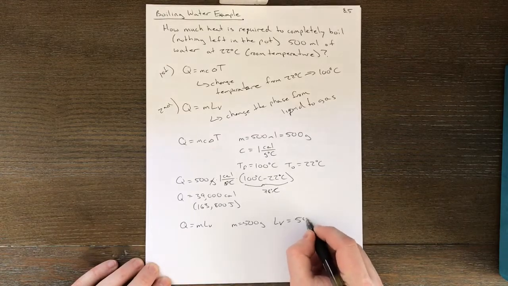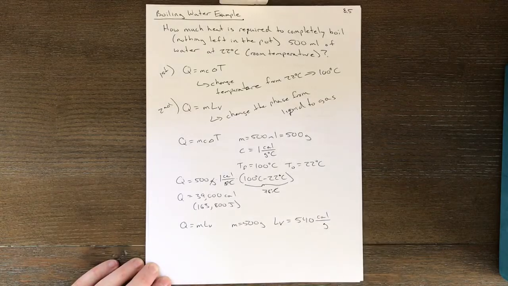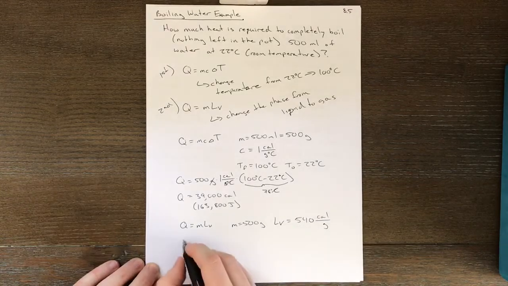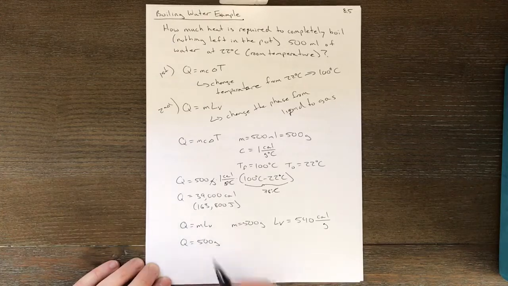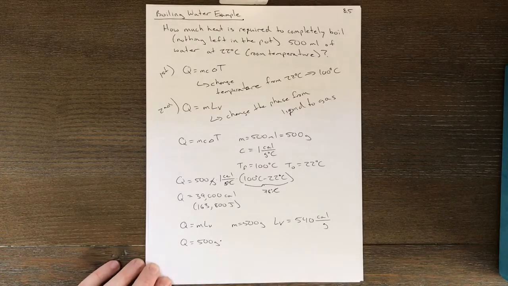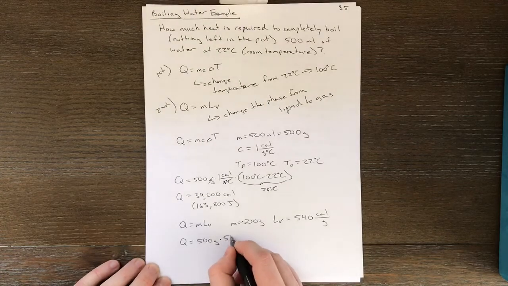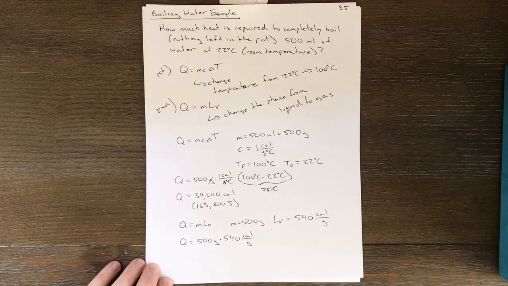That is 540 calories per gram. So plugging those numbers in, Q is going to be 500 grams. How much of the substance we have that is going to be changed to a different phase, and how much energy is required to change every gram of that substance to a new phase.